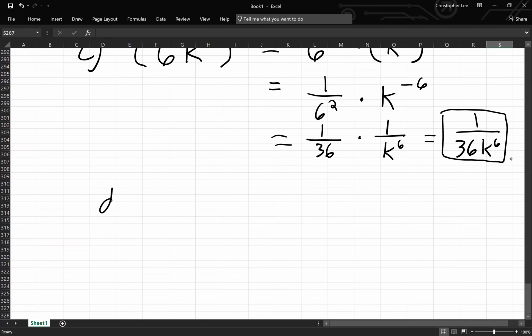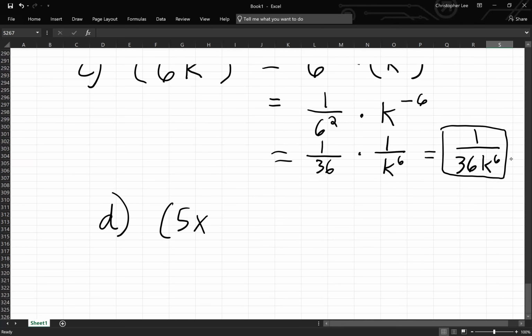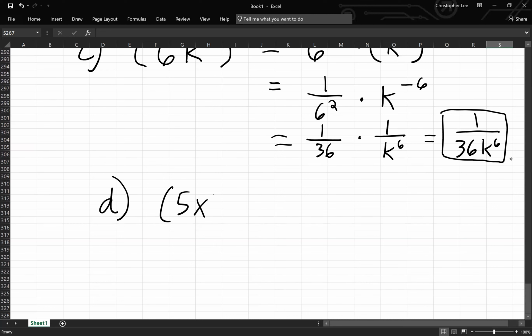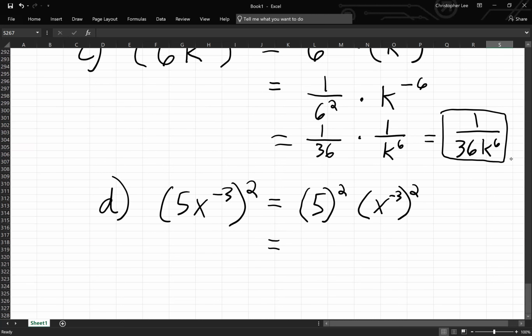So let's look at D. I have 5X to the -3 power, squared after that. What happens here? Same thing. Every factor gets the power. So help me out. What's 5 squared?